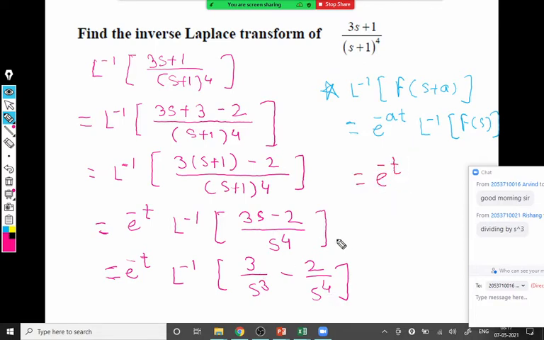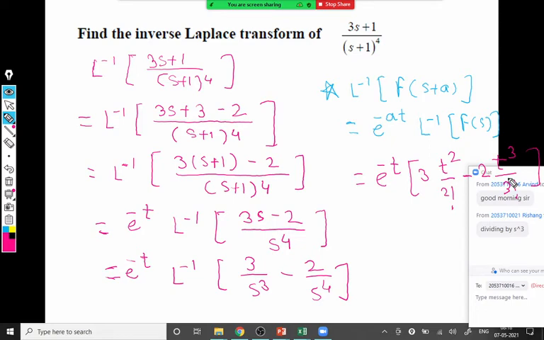What is L inverse of 1 upon s cube? Yes, t square by 2 factorial. Now you are correct. Now 1 upon s raised to 4? Sir, t cube by 3 factorial. Yes, t cube by 3 factorial, and that is our final answer.